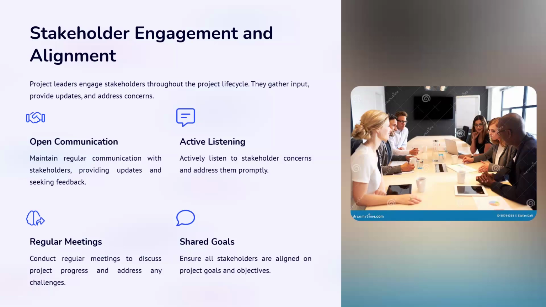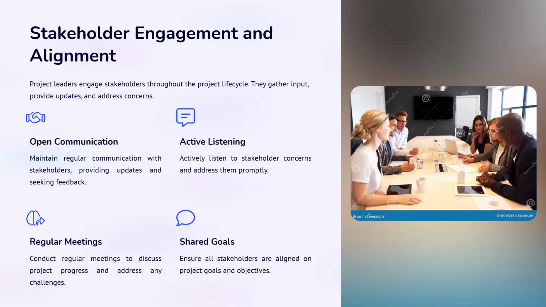So open communication is very required, maintaining regular communication with stakeholders, providing updates and seeking feedback. So always seek feedback from these marketing channels to stay updated about the current market condition, the current demand pattern, or the current likes and dislikes of the customers.